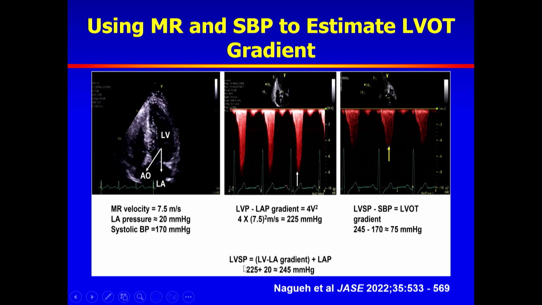Now I can say that the LV systolic pressure is 245 millimeters mercury. Then we take it back and we say, what was the systolic blood pressure? The systolic pressure in the ventricle minus the systolic pressure is the gradient across the LV outflow tract. And so 245 minus 170 means that the LVOT gradient should be at least 75 millimeters mercury. So this is a sizable gradient.